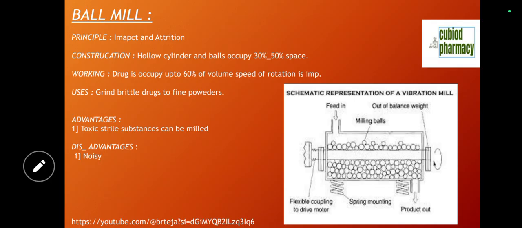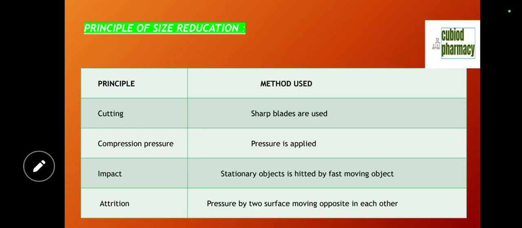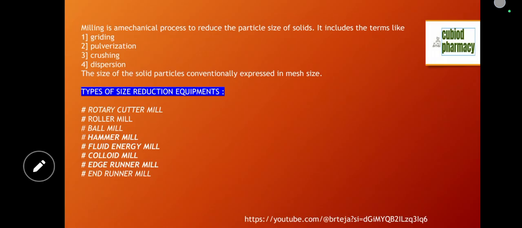Milling plays an essential and important role in pharmaceuticals. What are the equipments? Like the hammer mill, cutter mill, roller mill, ball mill, fluid energy mill, colloidal mill, edge runner mill and end runner mill.